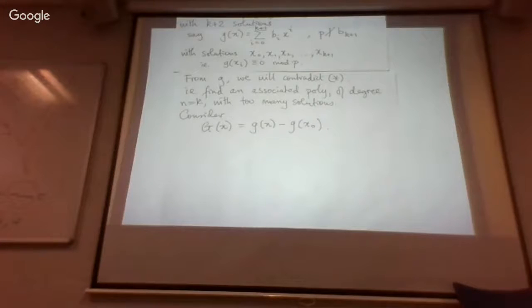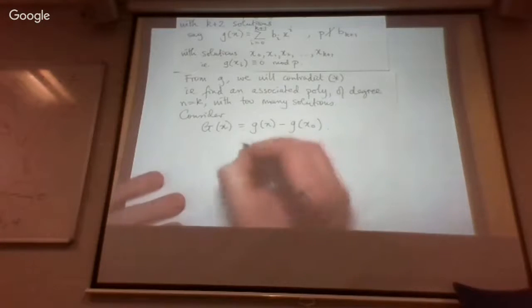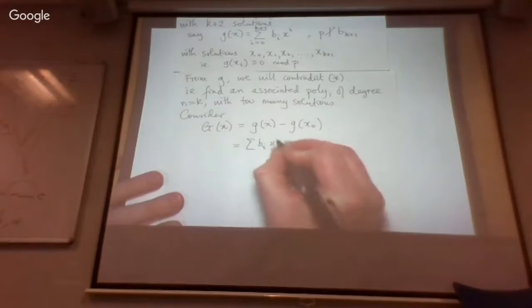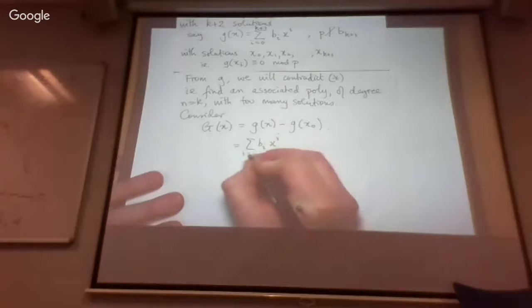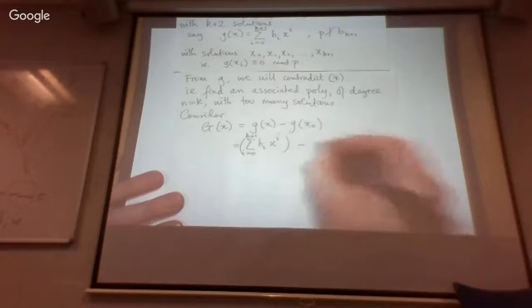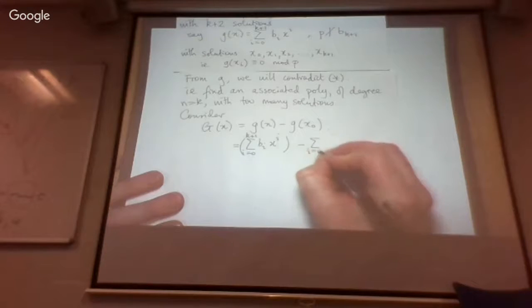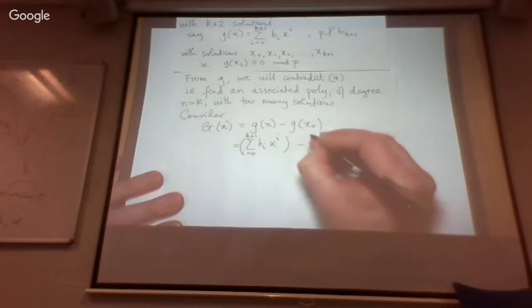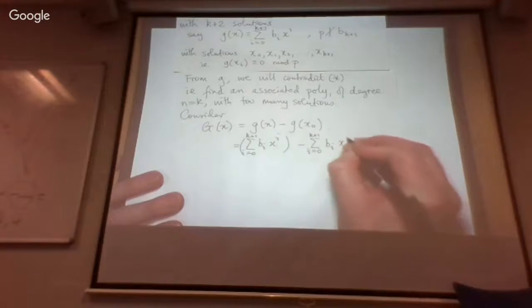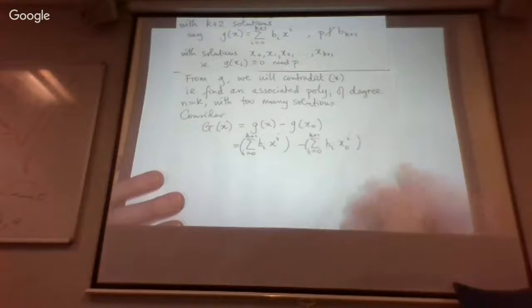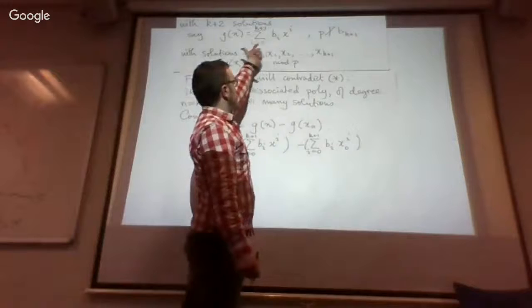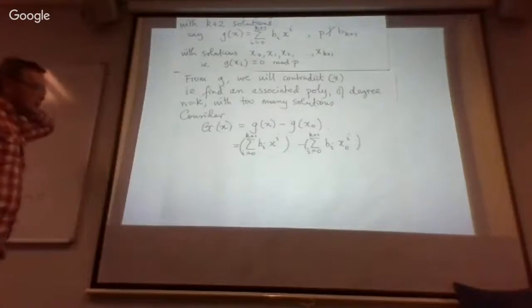Now, you can see what we do then. That's what g of x looks like there. Well, g of x naught looks exactly the same, except instead of x to the power i, it's x naught to the power i. So that's just introducing the notation we've got for the structure of the polynomial.